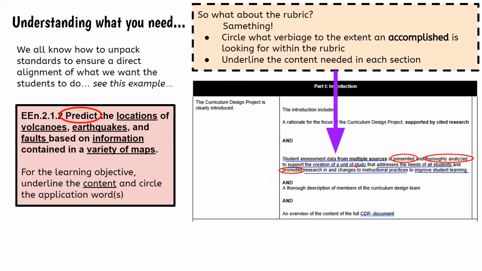I'm analyzing the unit of study, the need for it, and addressing the needs for all learners. And I'm promoting research and changes to instructional practices to improve student learning. So I have 3 action things going, and I need to be able to do it by each of those pieces. So again, I'm using that same one here.